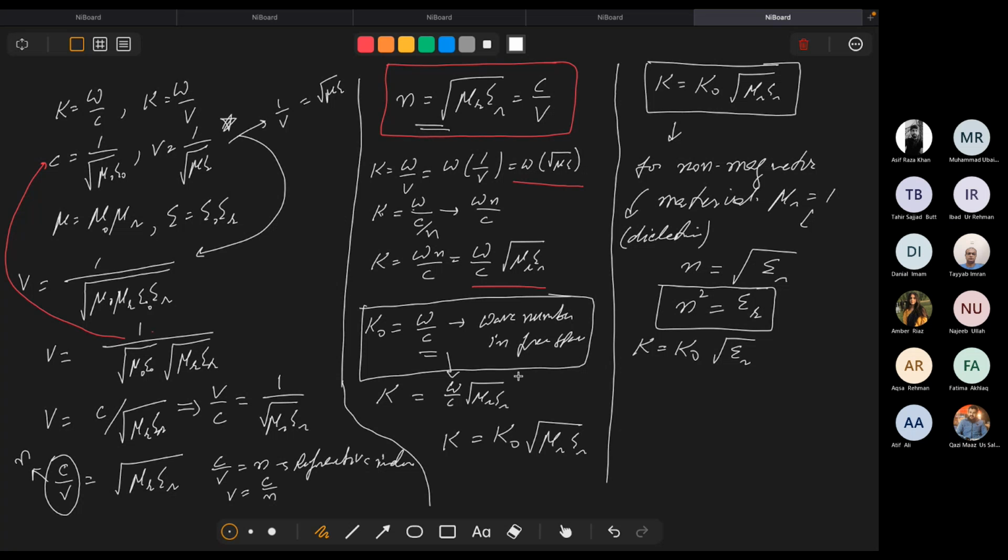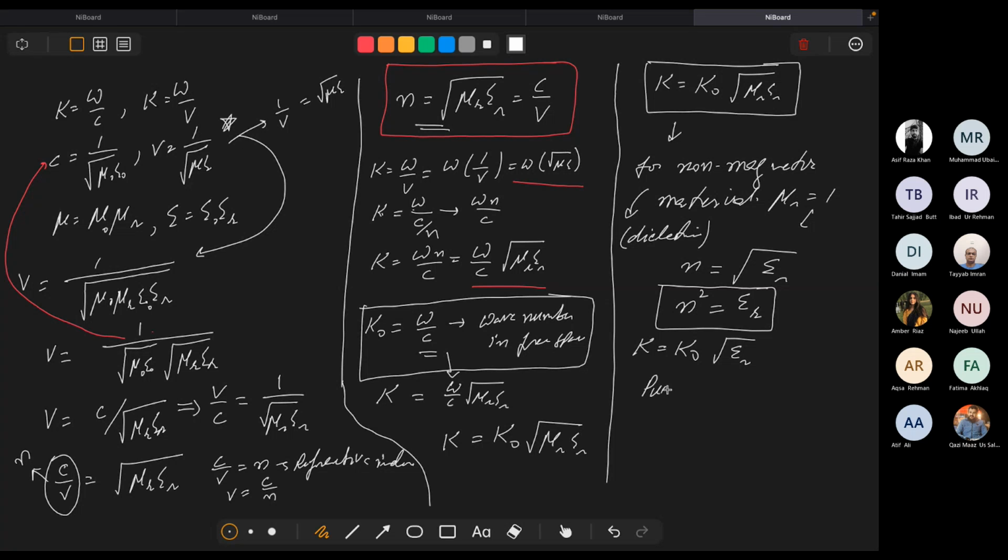And if the situation is different, like if there is a magnetic material, pure magnetic material, ठीक है?